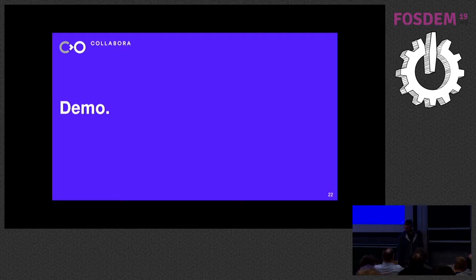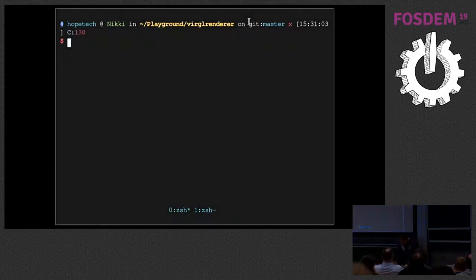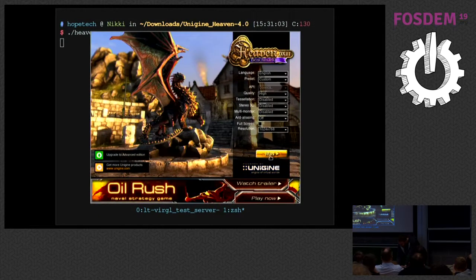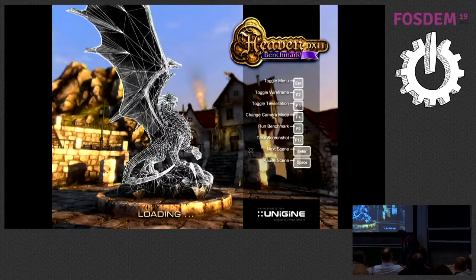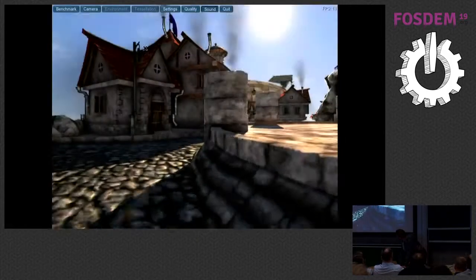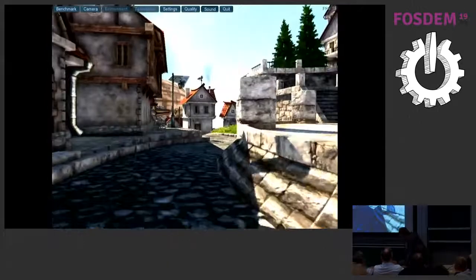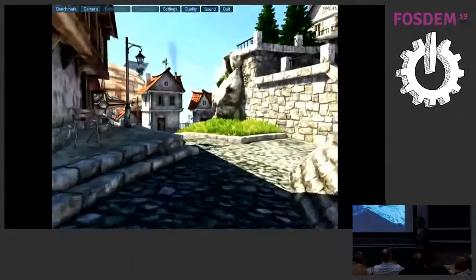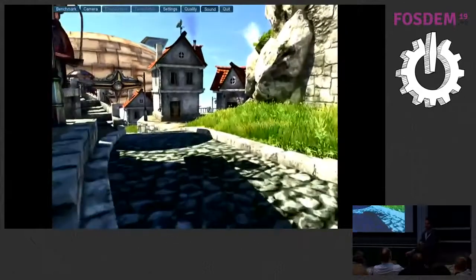So demo, I hope it will work. So this is for testing. We've got a test server called vtest. Seems to work. So my system is not very powerful, but we managed to get 15 or 60 FPS.